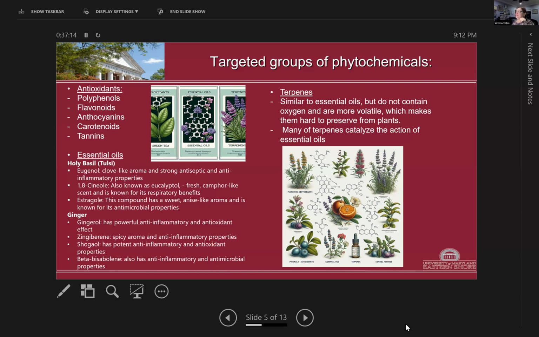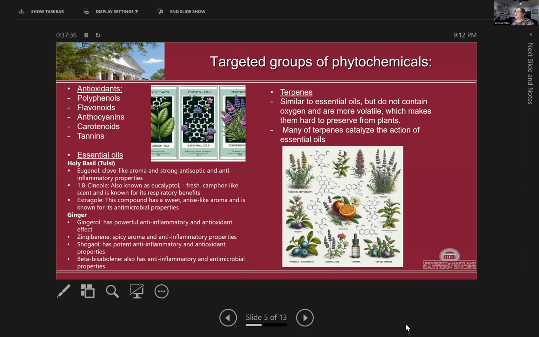So carotenoids and tannins are examples of non-polar antioxidants, while anthocyanins, flavonoids, and polyphenols are examples of hydrophilic or water-soluble antioxidants. And those are basically the object of our interest in my group in antioxidants.